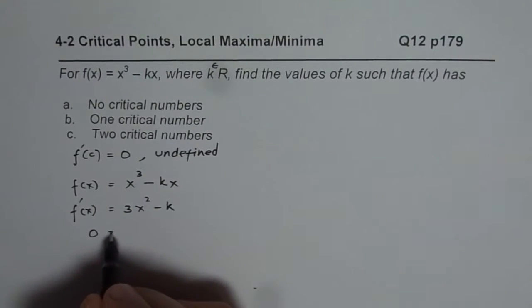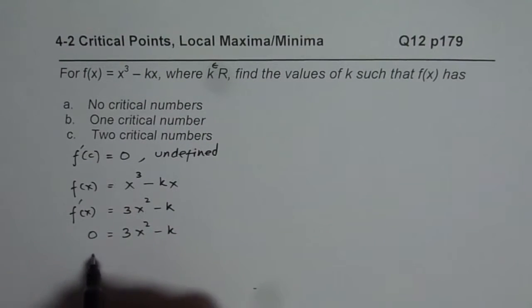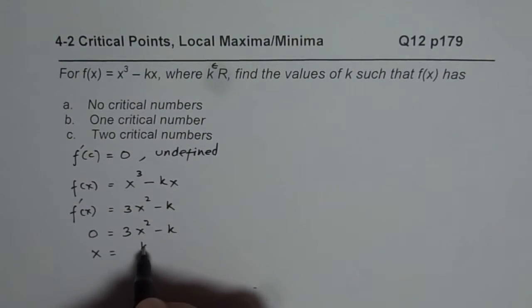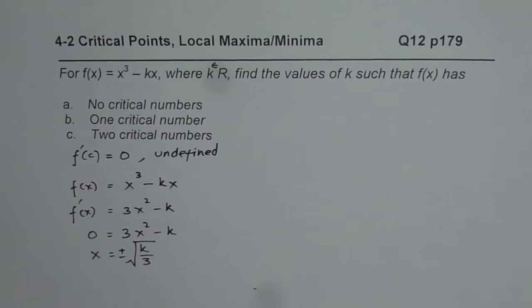So we can equate this to 0 and find the critical number. So that means x is equal to the square root of k over 3. Whenever you do a square root, you get plus and minus, two different values. So that becomes the critical number for us.